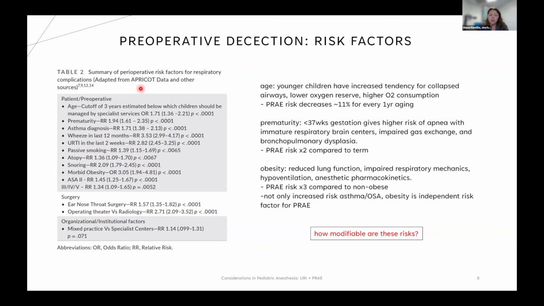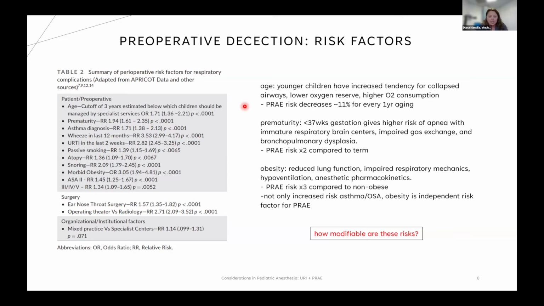But interestingly enough, I wanted to highlight a few of them because they're pretty specific in pediatric anesthesia as compared to the adult population. So, age. Younger children had a tendency for collapsed airways, they have lower oxygen reserve, and they have a higher O2 consumption, especially during times of stress.